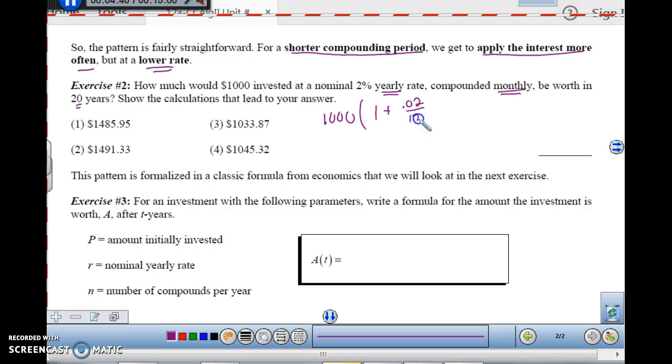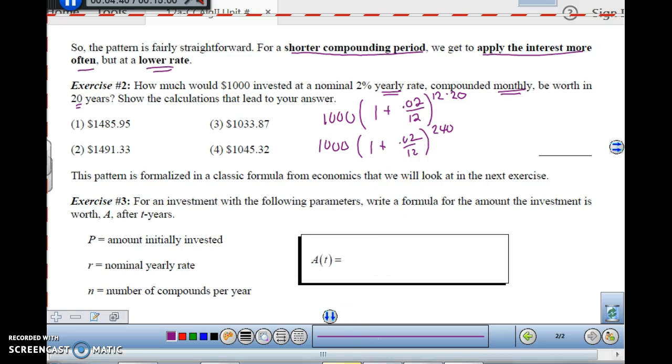It would be divided by 12. And how many times are you going to compound it? If it's done monthly, it would be 12 times a year for 20 years. So this would be 1,000 times 1 plus 0.02 over 12 raised to the 12 times 20, which is 240.